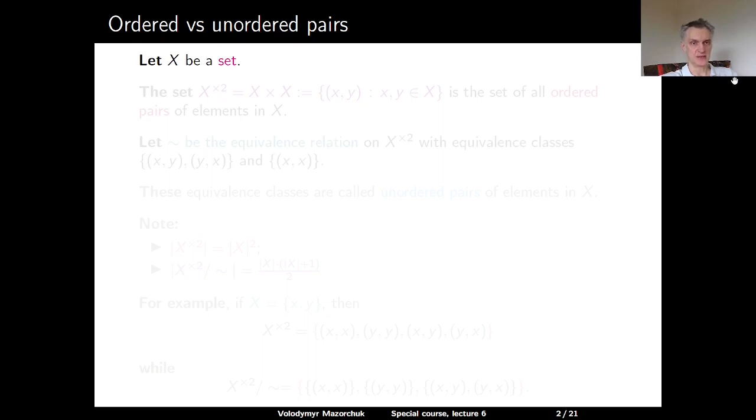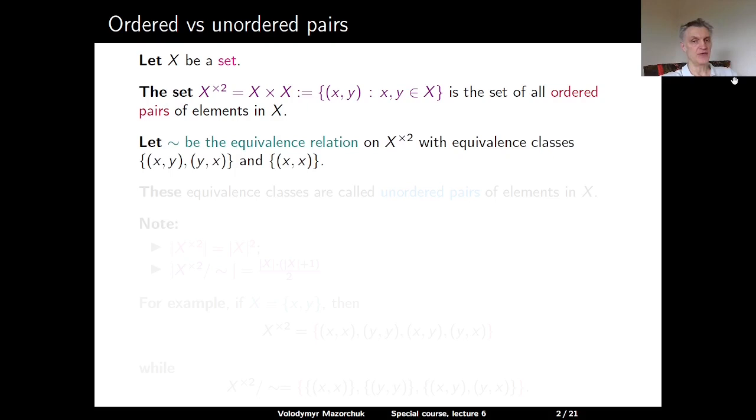So let X be a set. Consider the Cartesian square of X, so the set X times X, and this is the set of all ordered pairs of elements in X. So it consists of all pairs (x, y), where x and y are elements in X. Denote by tilde the equivalence relation on this Cartesian square of X, whose equivalence classes are exactly the singletons {x, x}, and the subsets consisting of two elements (x, y) and (y, x), if x and y are different.